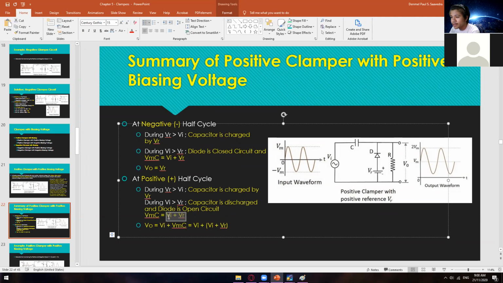So if I correct this formula, VMC is equal to positive V sub R minus V sub I. I see. All right. So I just forgot that at this point, okay.